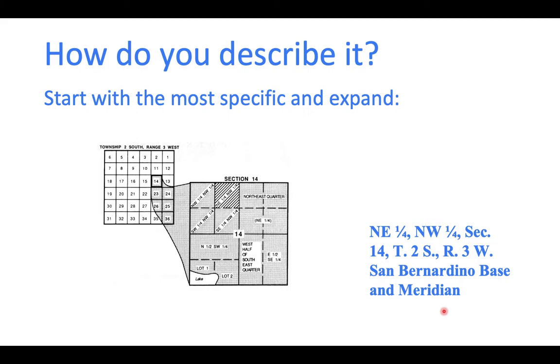What you want to do is start with the most specific or the smallest area, and then work outward. It's the idea that with this same example we've been using, what you're starting with is this northeast quarter. So you ignore all of this stuff over here, and you're simply looking.